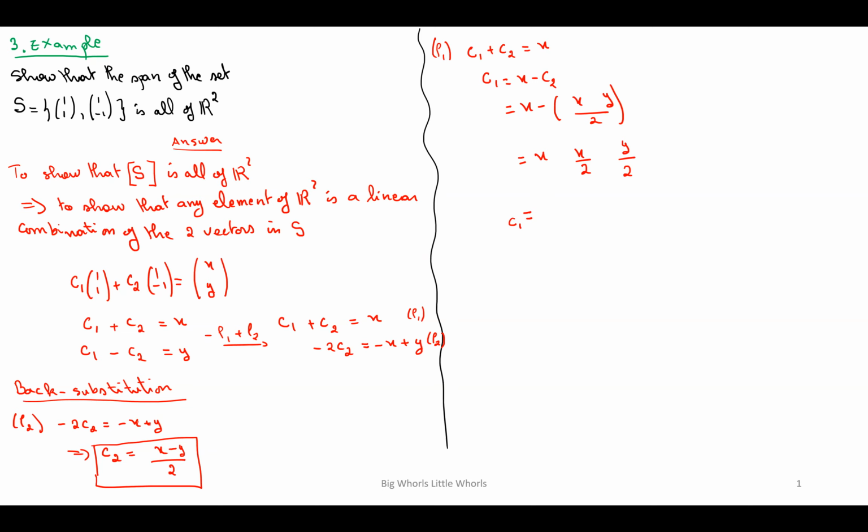So here we have to change signs. So we have C2 equals (x minus y) over 2, and C1 is x minus x over 2 plus y over 2, so that's (x plus y) all over 2.